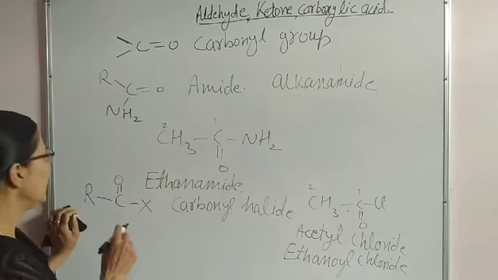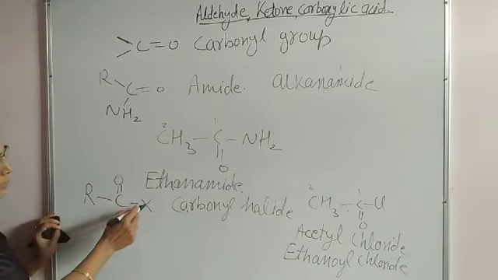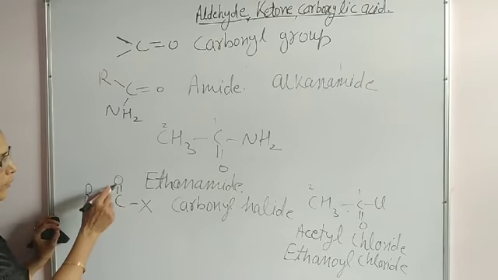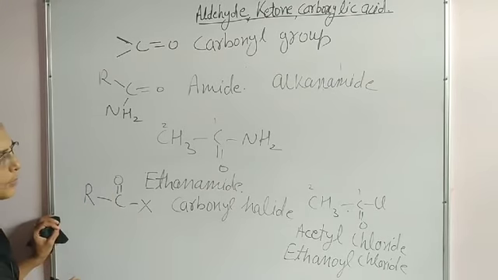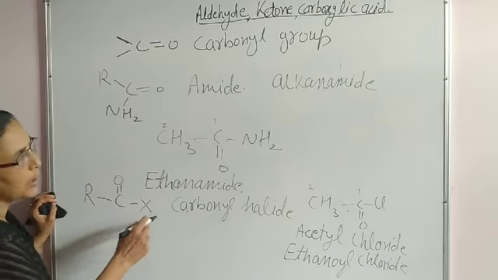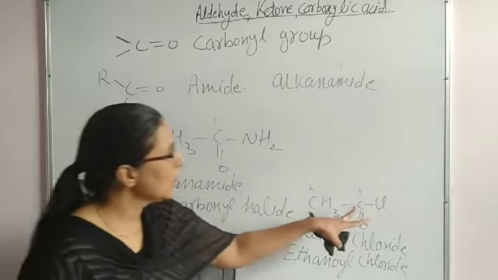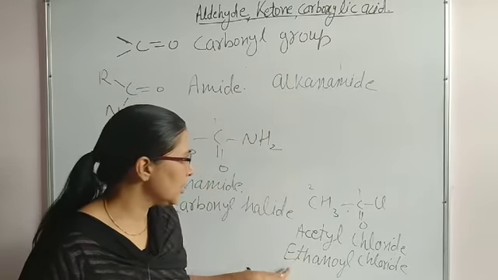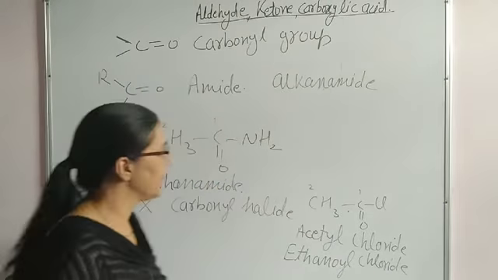Again I am repeating that if a halogen is attached along with the carbonyl group, it will be known as carbonyl halide, or you can say alkanoyl halide. That's why two carbon containing ethanoyl chloride.